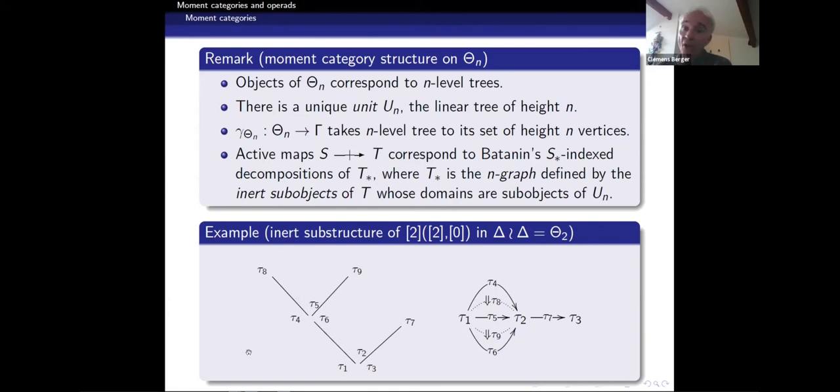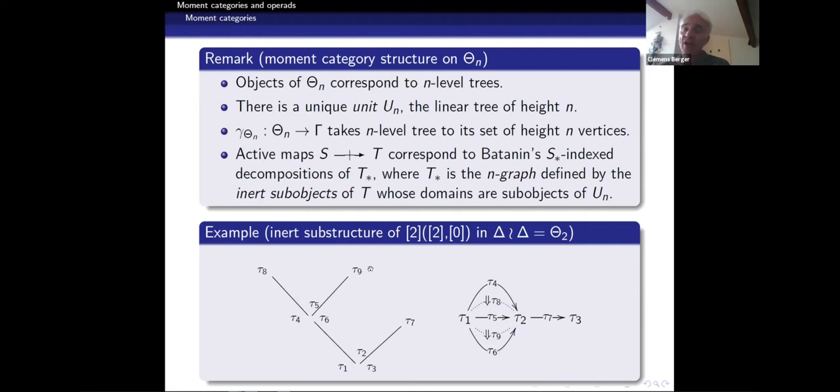Then you have 4 inert maps from U1 into this tree. They are given by T4, T5, T6, and T7. So here you have 3 sectors, and here you have just 1 sector because there is no edge here. And then you have 2 inert maps from U2 into this tree, which are given by these 2 sectors here.